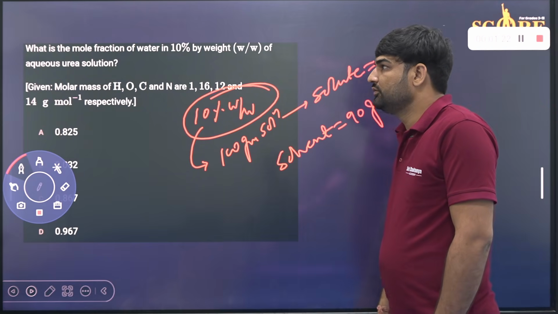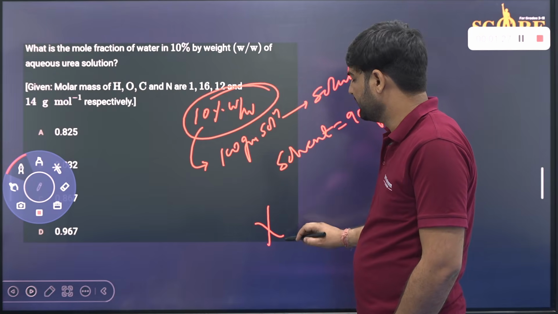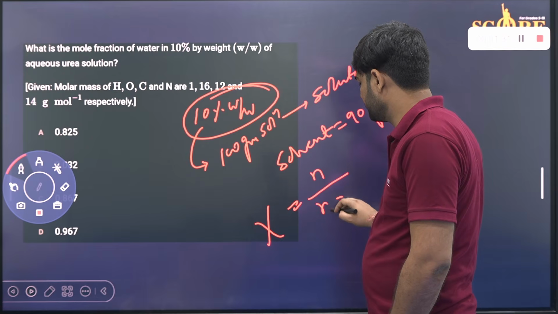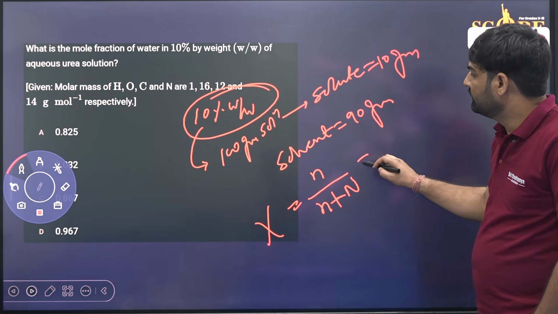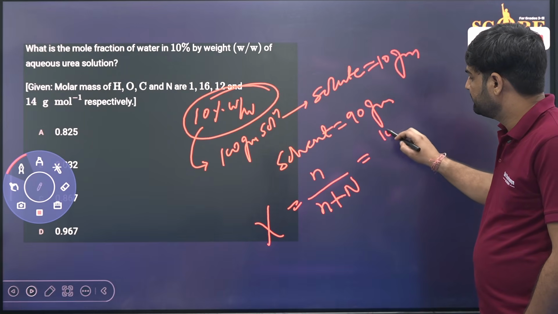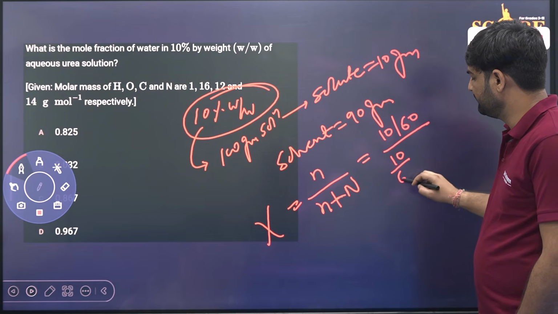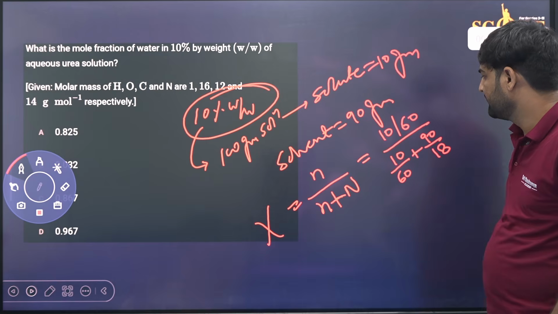Now we have to calculate mole fraction. What is mole fraction? Mole fraction of urea will be moles of urea, which I call small n, divided by capital N, moles of solution. So 10 divided by the molar mass of urea gives moles of urea, and this is water.